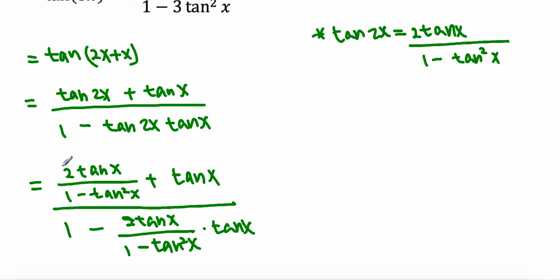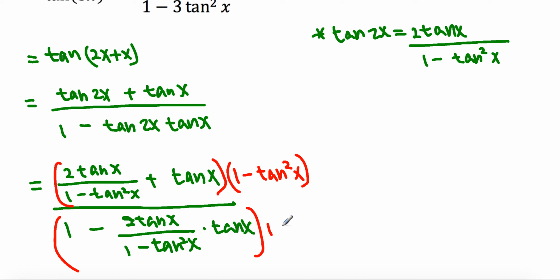So if I multiply top and bottom by the common denominator, which is 1 minus tangent square of x here, then this cancels out with the denominator, so here we have 2 tangent of x.